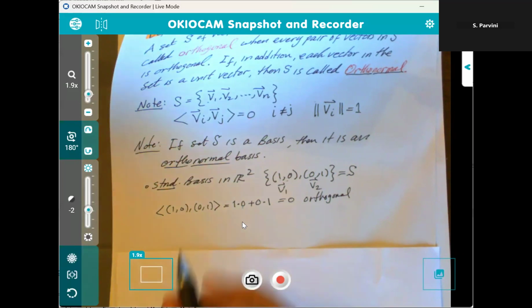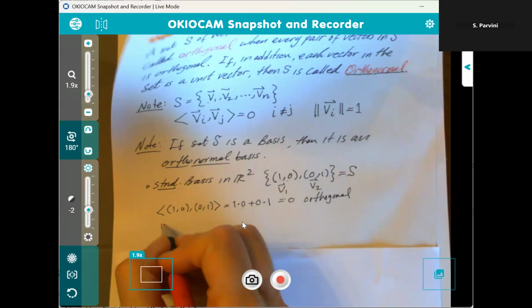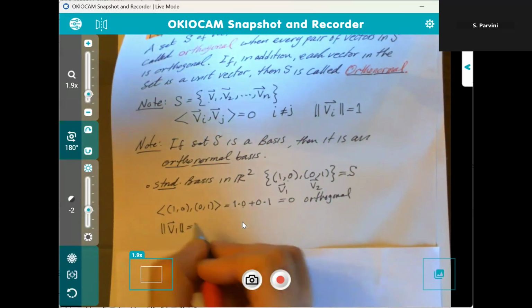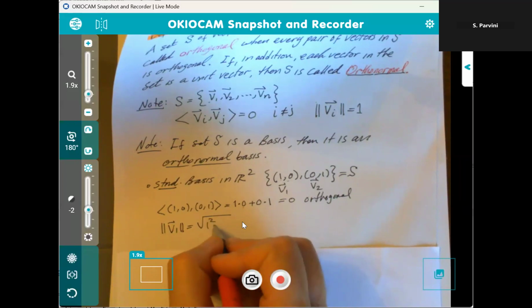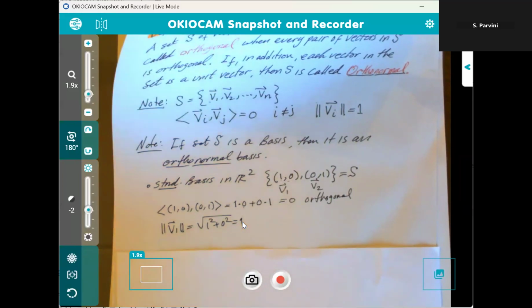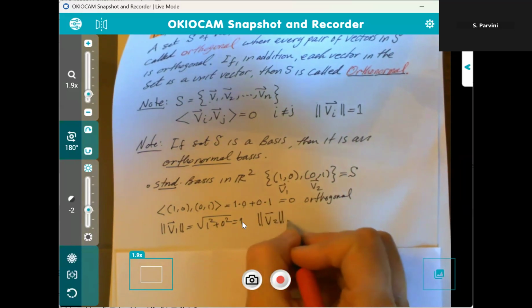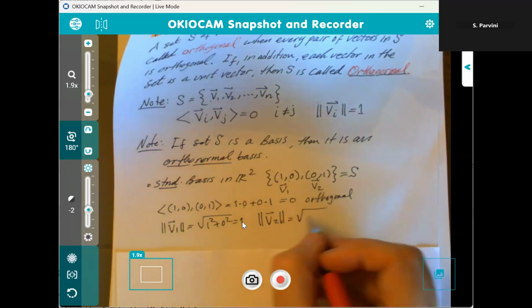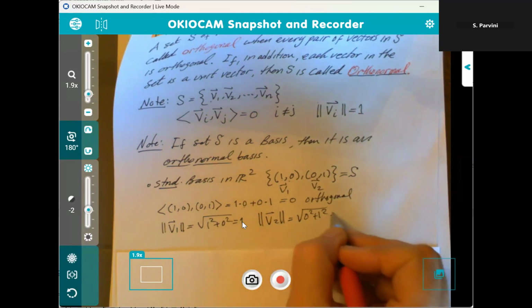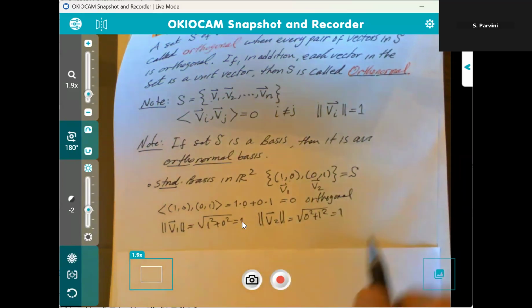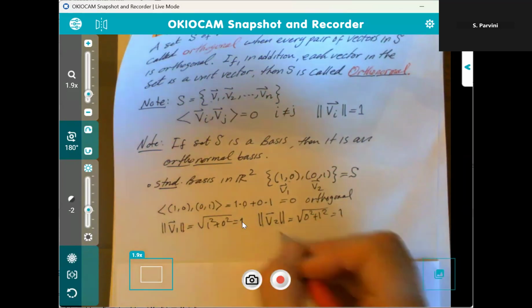Now, what's the magnitude of each of these vectors? The magnitude of V1 is the square root of 1 squared plus 0 squared, which is 1. See, it's a unit vector. What's the magnitude of V2? That's the square root of 0 squared plus 1 squared. Again, it's 1. So both of these have magnitude 1.